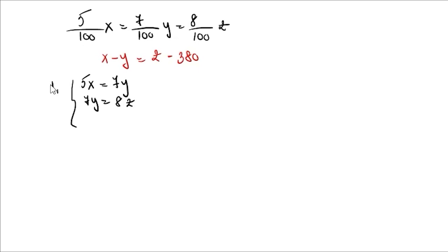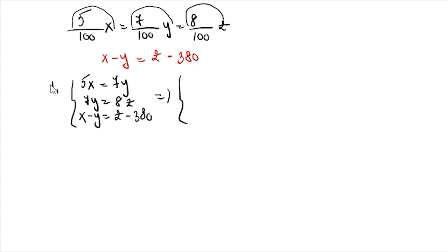Since they have the same numerator, I'm going to equate 5x, 7y, and 8z. And also the last equation, x minus y equals z minus 380.